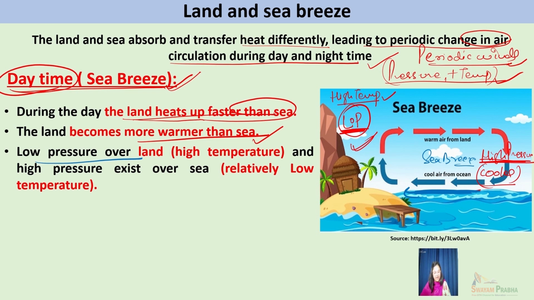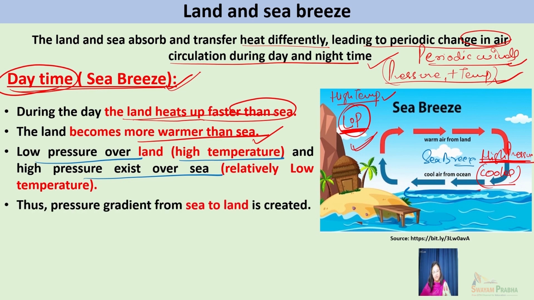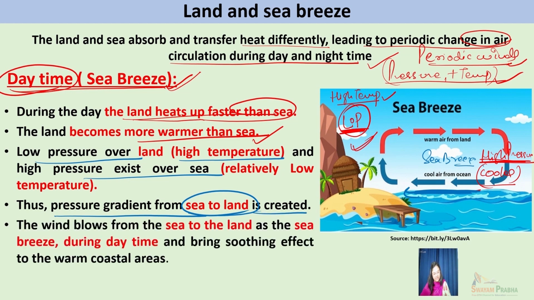Low pressure over land primarily due to high temperature, and high pressure exists over sea due to relatively low temperature. Thus, pressure gradient from sea to land is created, and the winds blow from the sea towards the land as the sea breeze during the daytime and bring soothing effect to the warm coastal areas.